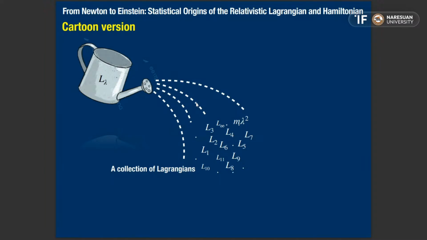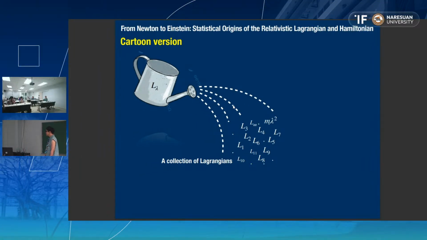Anyway, I put the cartoon version to make it more accessible, I hope. So I start with this L lambda. As I mentioned, you can think of this as a generating function that gives you a collection of Lagrangians, as well as this constant.